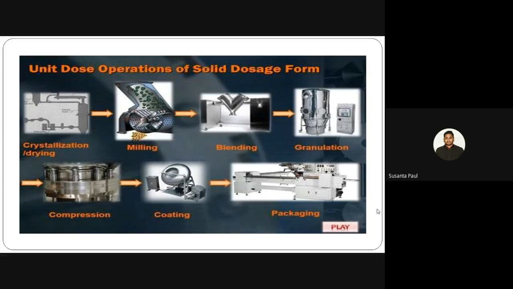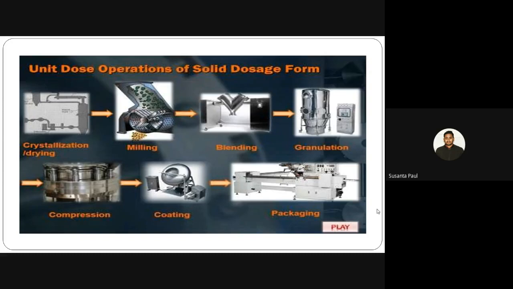So the steps, or the types of granulation technique. Granulation is the primary step to prepare the tablet, so we need to prepare the granule. The basic difference between a granule and a powder is that a powder is a single component, and one granule can consist of two or three powders together.